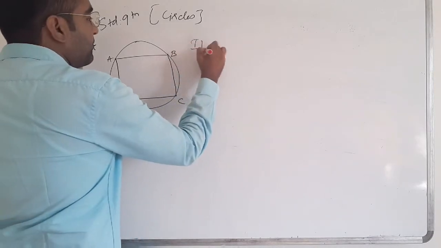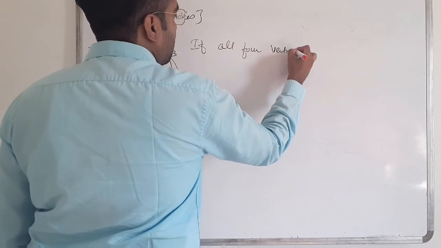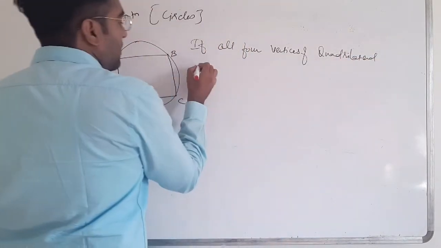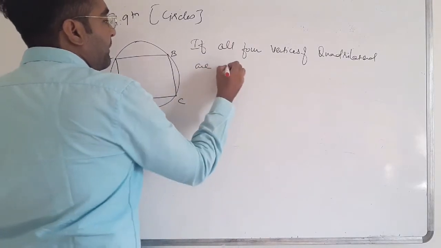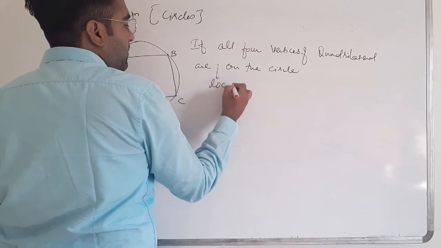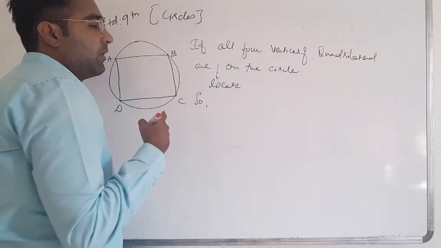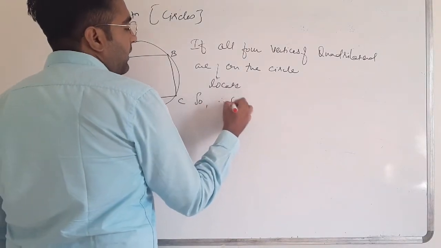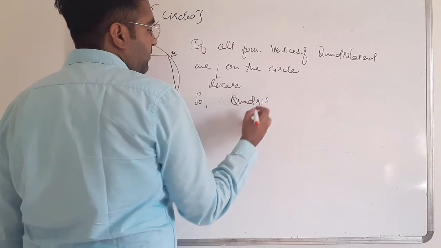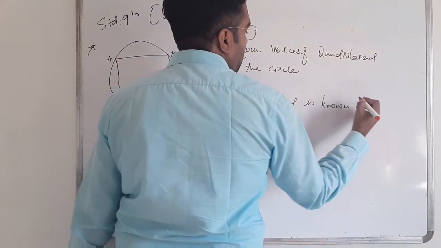If all four vertices of a quadrilateral are located on the circle, then that quadrilateral is known as a cyclic quadrilateral.